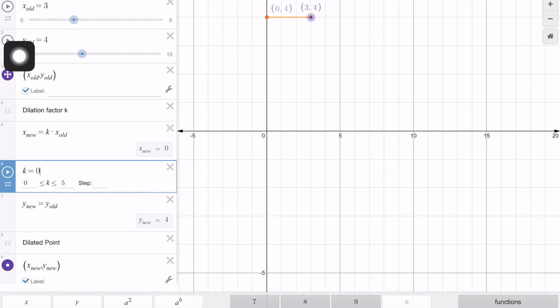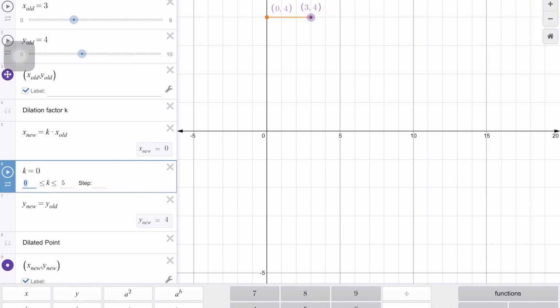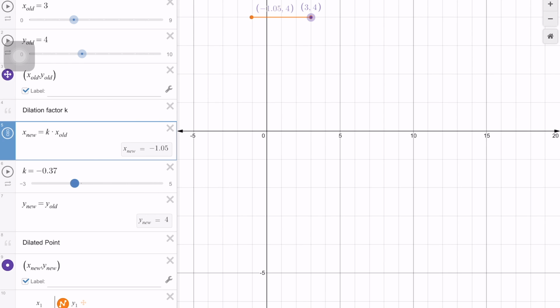Okay, I'm going to change the k boundary to negative, let's say 3. Now watch as I change the k values, okay? So there. Now I'm going to let k go to the left of 0. So you can see it's moving away from the y-axis in the negative direction of the x, right?